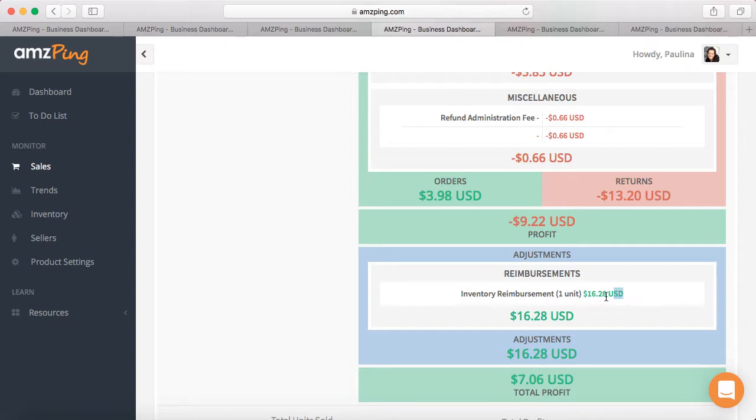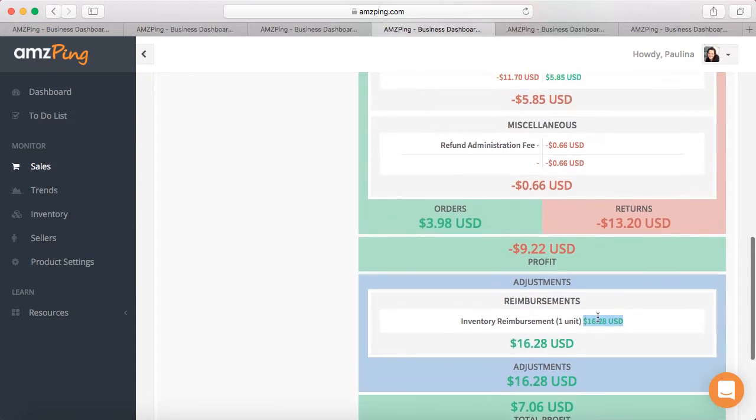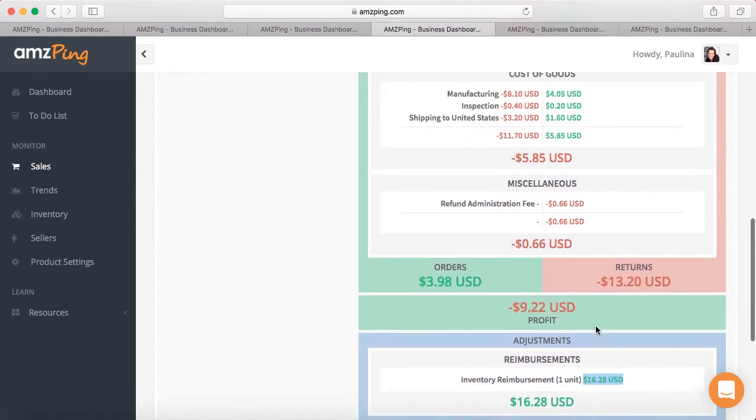So they just calculate this magic number that your inventory is worth. They charge this to the buyer because they did not return, so their card gets charged this amount. And you get the reimbursement. So how do we show it? We show it here, and now because the item didn't come back to your inventory, right?